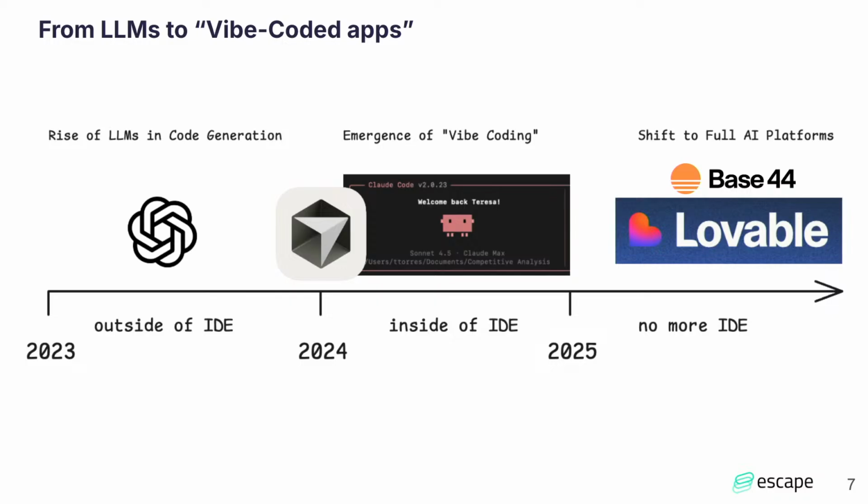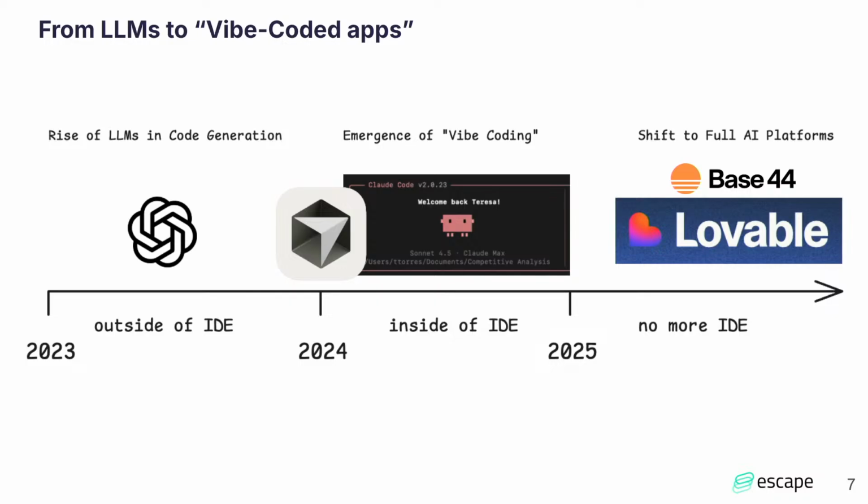So first, a little introduction. What is vibe coding and how did we get from LLMs to vibe coding? As you all know, there has been a big rise in adoption of LLMs to generate code around 2023, with just plain ChatGPT or tools in your browser where, outside of your IDE, you just prompt the LLM and then copy-paste the code and run it wherever you want.